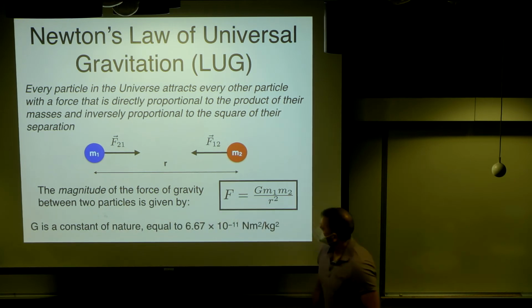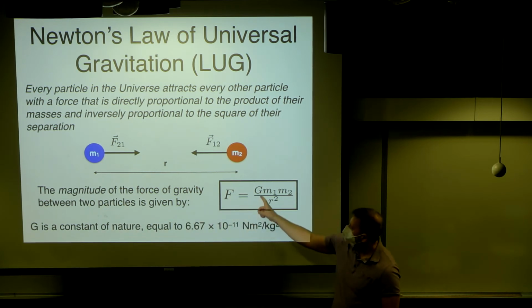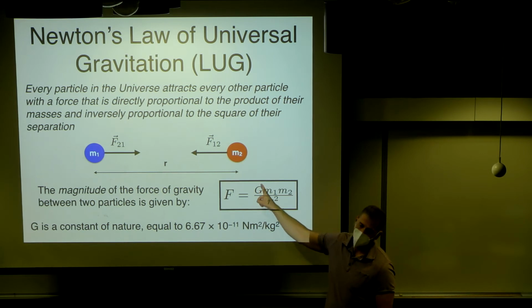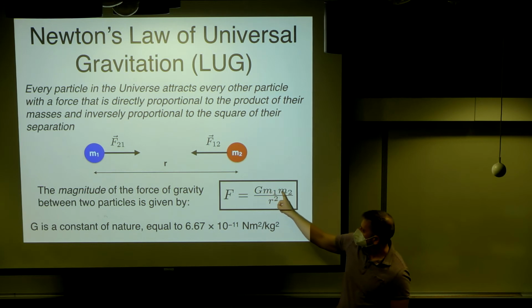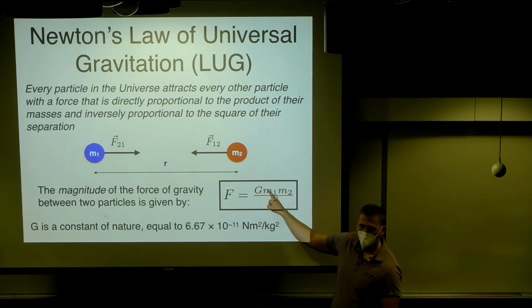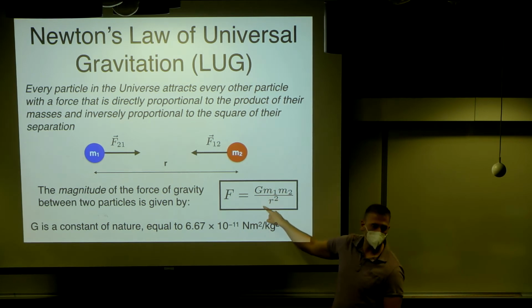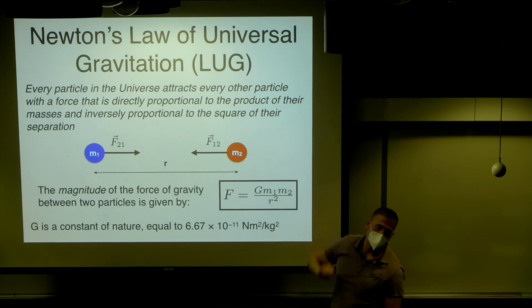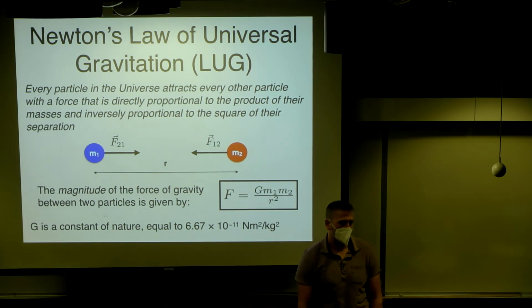It's given by this equation. The force is equal to a number, capital G, which I'll explain in a second, times M1 times M2 divided by R squared. Remember, the product of the masses goes on top, the square of the separation goes on the bottom. That's basically what that's saying in words.